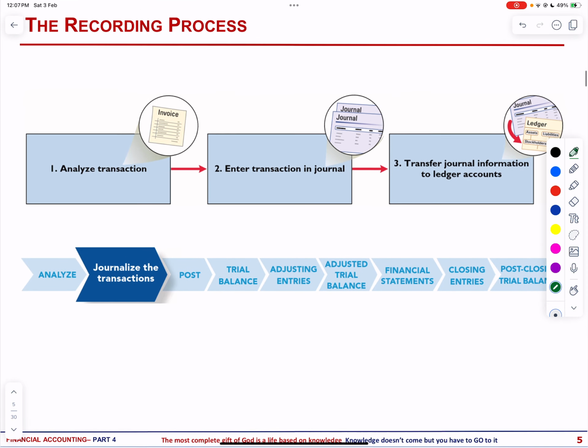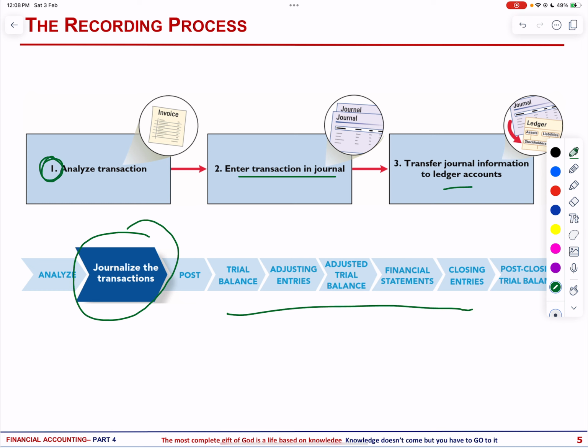So the recording process starts with analyzing, and this is what we have done in the previous video. In this video, we are going to talk about recording the transactions in the journal, and then we will talk about the transfer of journal and other things in the videos to follow.